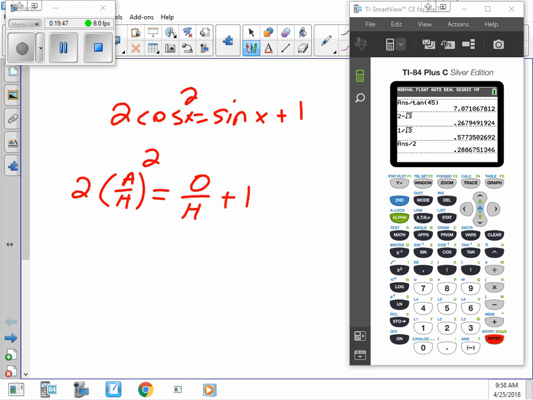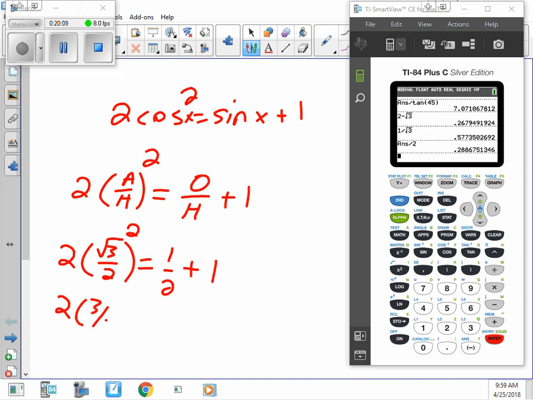Let's try 30 degrees. 2 times, what's the cosine of 30 degrees? Root 3 over 2 squared. The sine of 30 degrees? 1/2. Okay. What is root 3 over 2 squared? 3 over 4. 2 times 3 over 4 equal to 1.5. Is that true? Yes, it is.